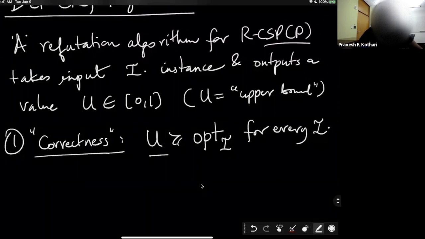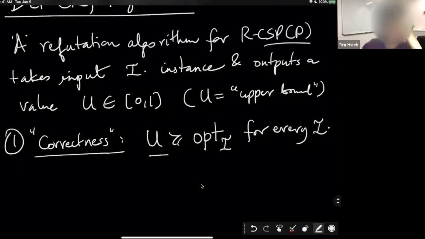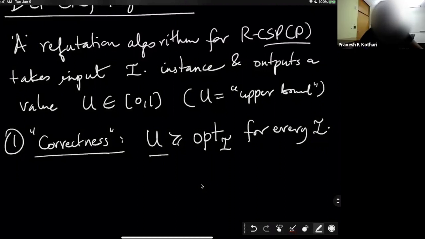If this is all I wanted, then in fact there is always a very simple refutation algorithm for all CSPs. And what is that algorithm? Output 1. Yeah, exactly. You can always output 1 and you can satisfy this requirement of correctness very easily.